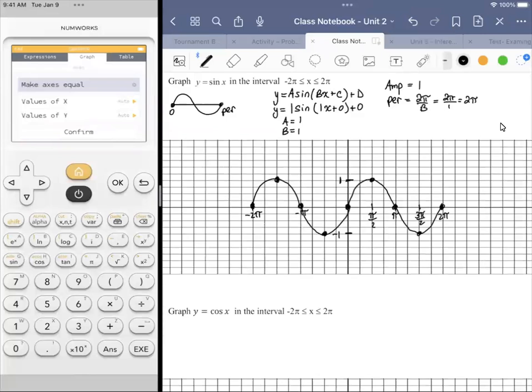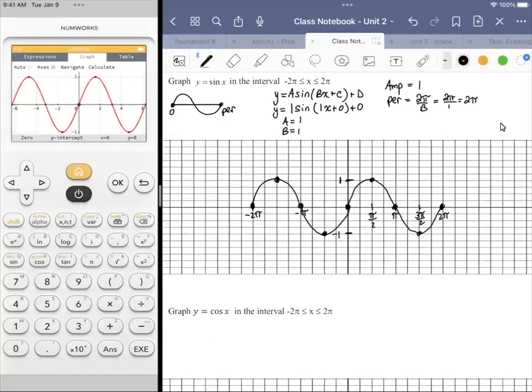So if I go to values of x, my minimum, I'm going to let that be equal to negative 2 pi. My maximum, I'm going to let that be equal to 2 pi. At least I know it's going to graph it in the right frame. The y I'm fine with, right? So this is what it looks like in a picture perfect graphical representation. And you can see it's not quite as good on paper, but it's got the right bits and pieces.